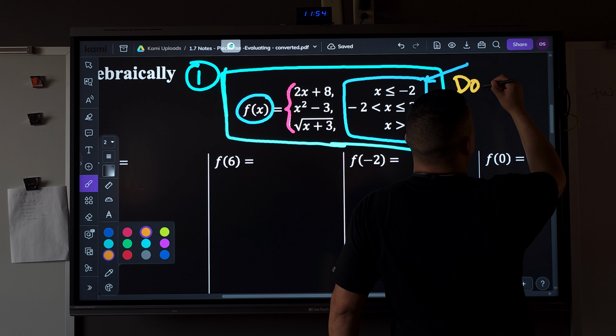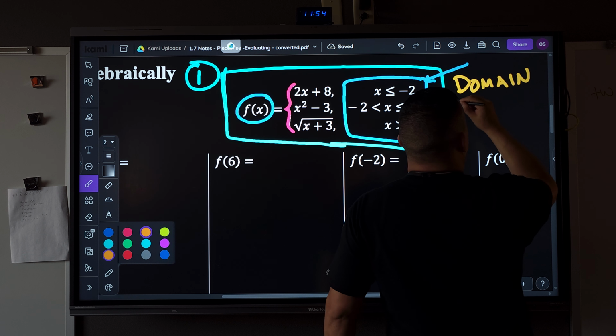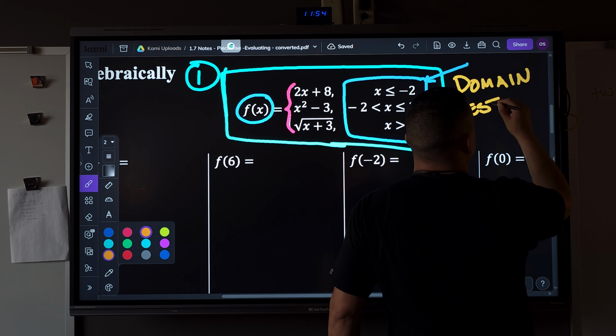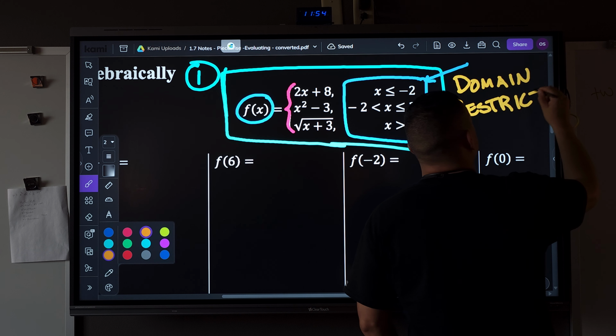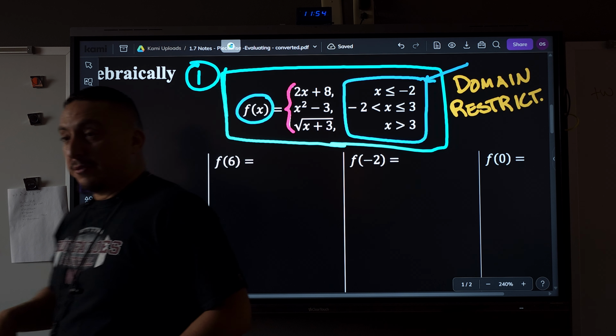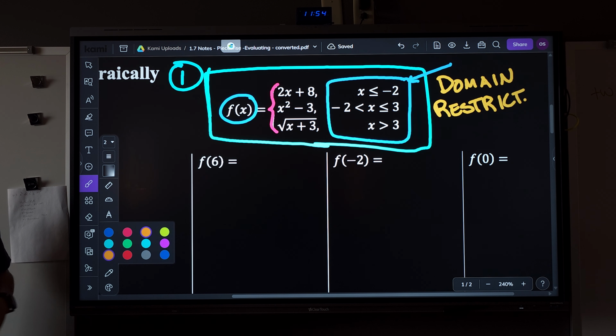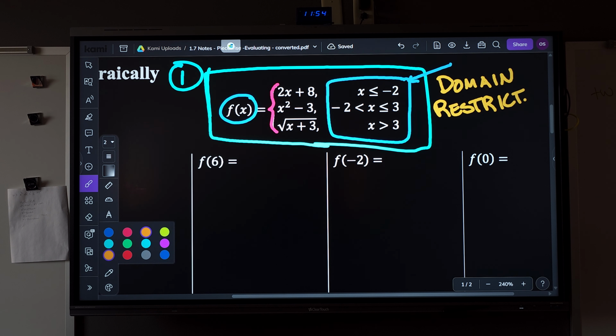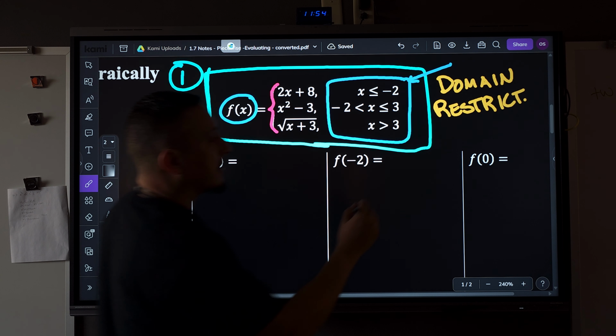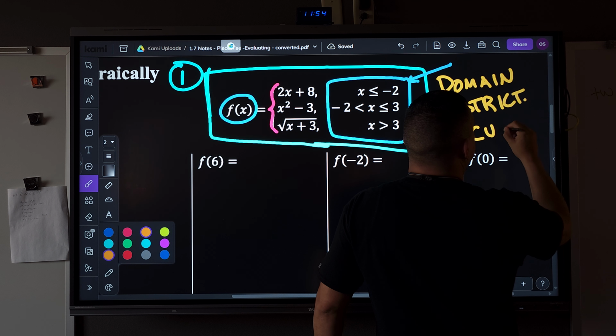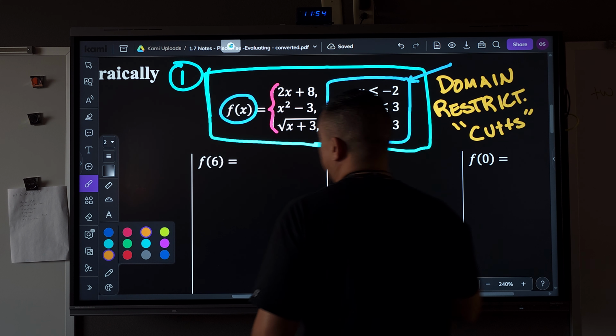Those are called domain restrictions. So I'm cutting the domain. I'm modifying the domain to just a piece. In simple words, think of it as cuts.